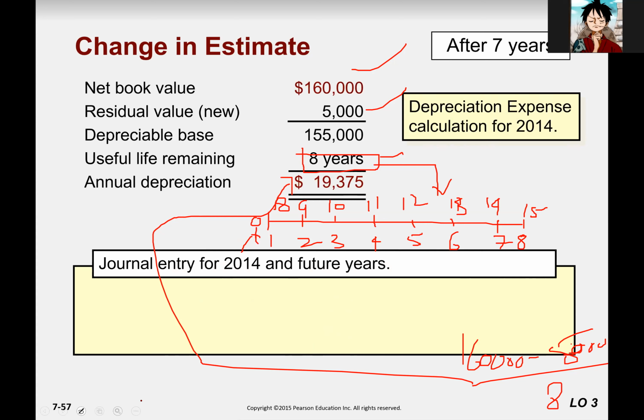Yes. So now from this year onward till year 15, when this actual building is going to be depreciated, you will make this entry. Entry will be the same, but figure is going to be 19,375.